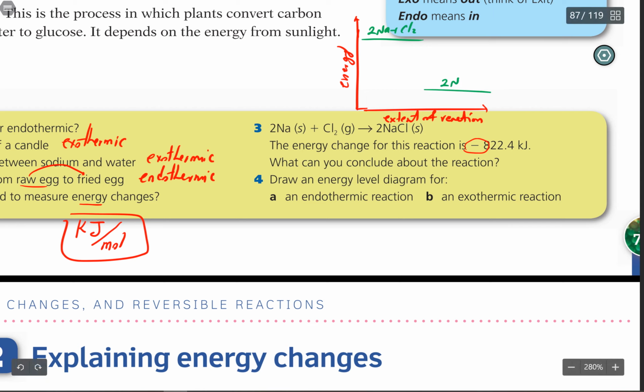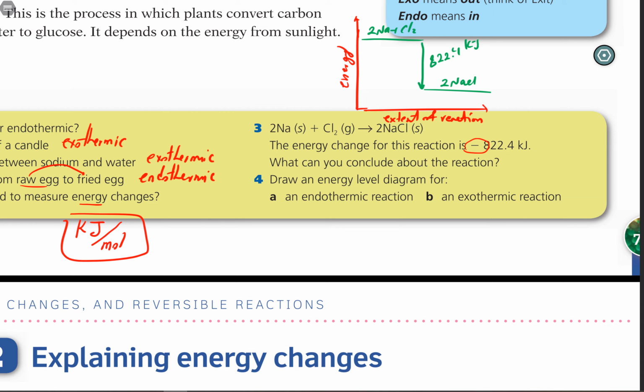So here we will have 2 NaCl, and this difference is the amount of energy which is given out by this reaction, which in this case is 822.4 kilojoules of energy.